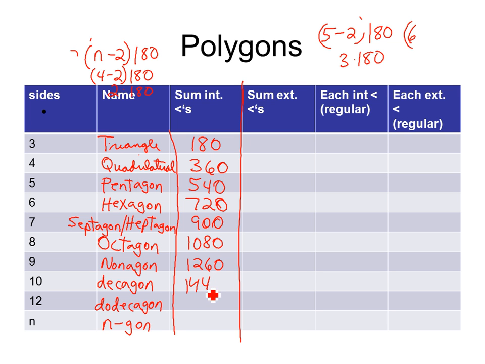Be careful. What's a dodecagon? 1800. Had to go up twice, right? Then for an n-gon, you put the formula in there: n minus 2 times 180.